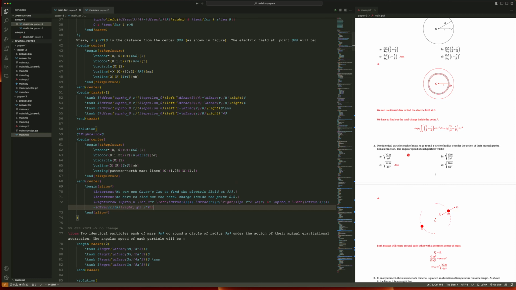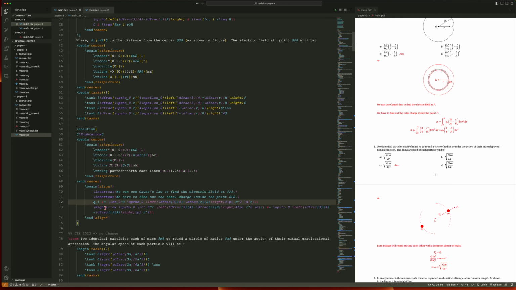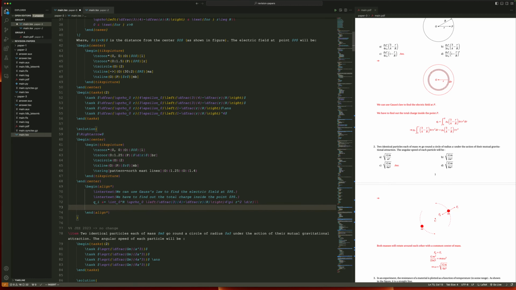I think we have to add something more about this point. I don't know if I should add it or not. So I think we should add Q enclosed. Yes, this is much better. Let's delete this part.